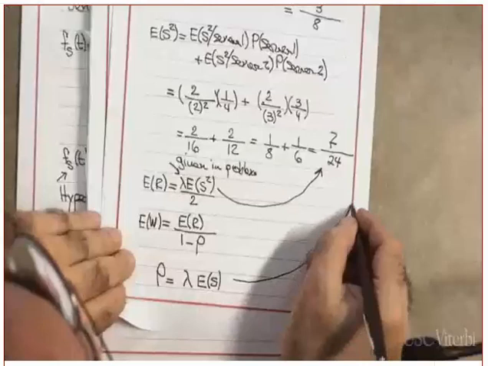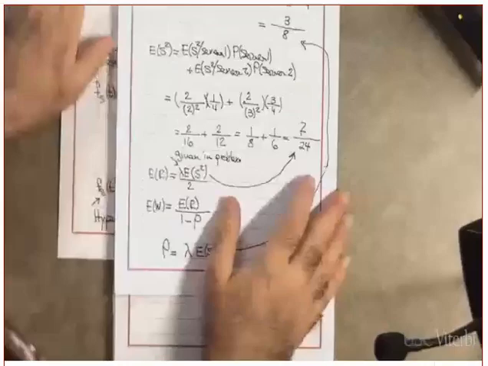Priority 1 is higher than priority 2, which means this is high priority and this is low priority. Clear? High priority, low priority. Are you following me? Okay, good.